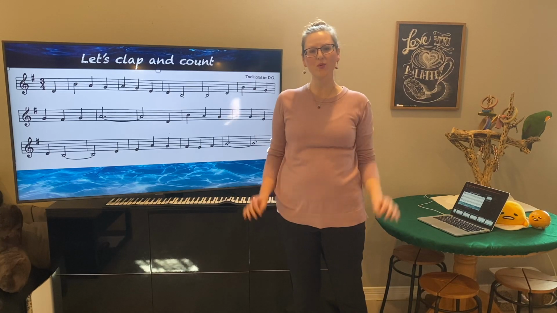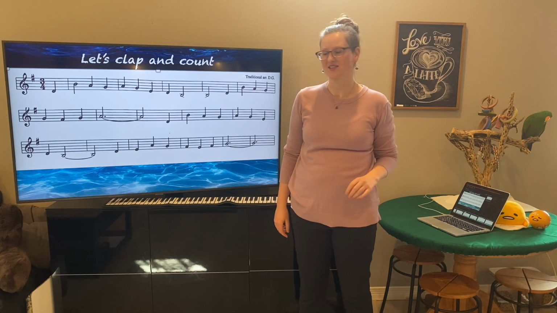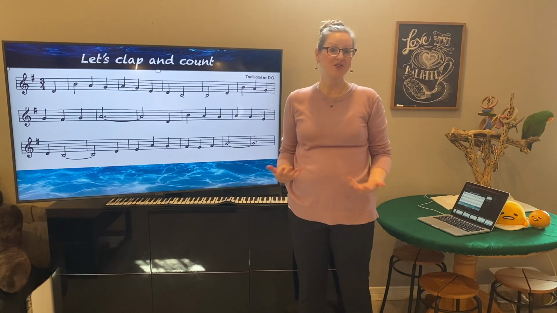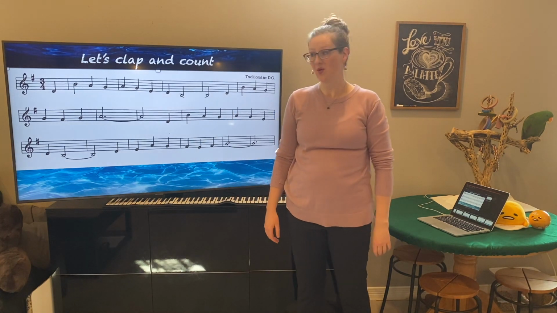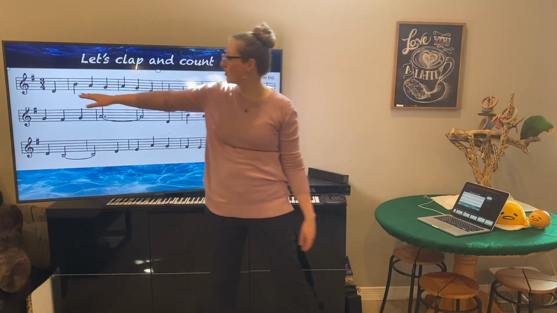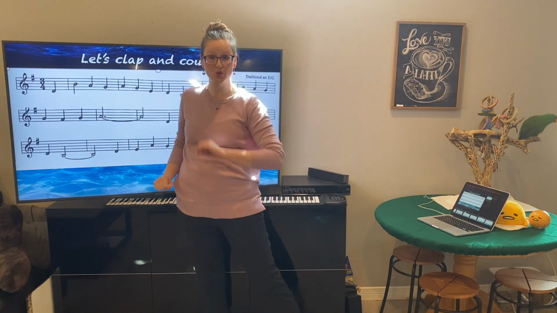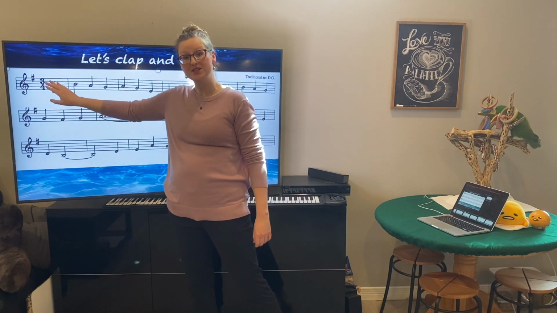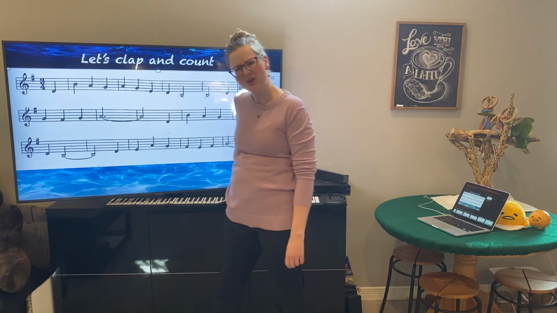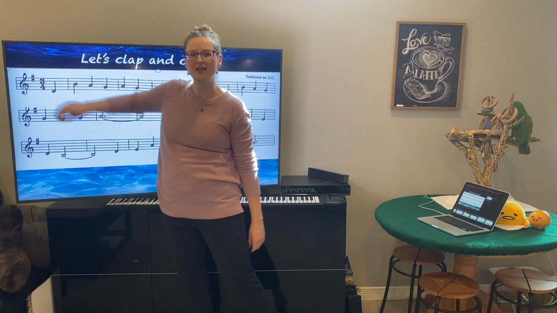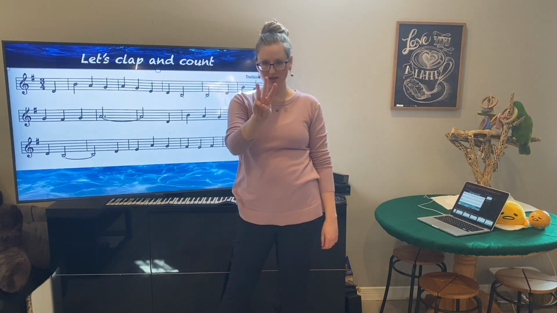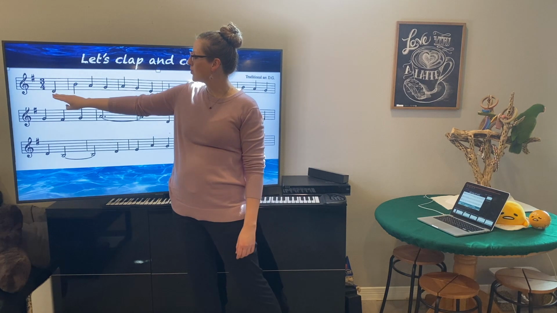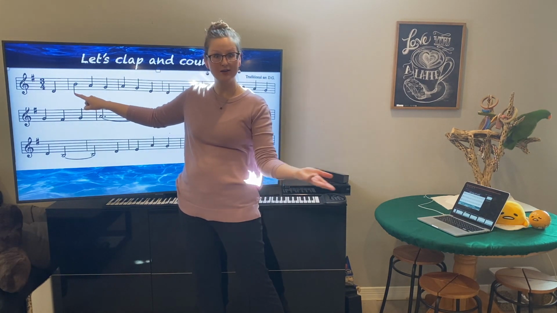Okay, so now we get to the nitty-gritty part of the song. First, we need to understand what is the rhythm, okay? So we know that a quarter note equals 1 beat. So we can call this, because we're taking this beat from the very end of the song and putting it at the beginning, we're gonna call that beat 3. So we have 3, and then how do you count?